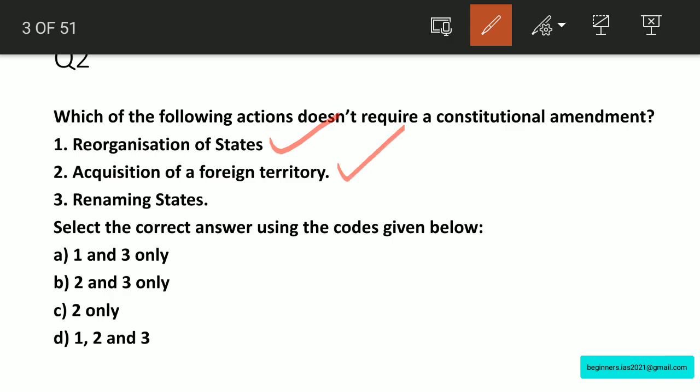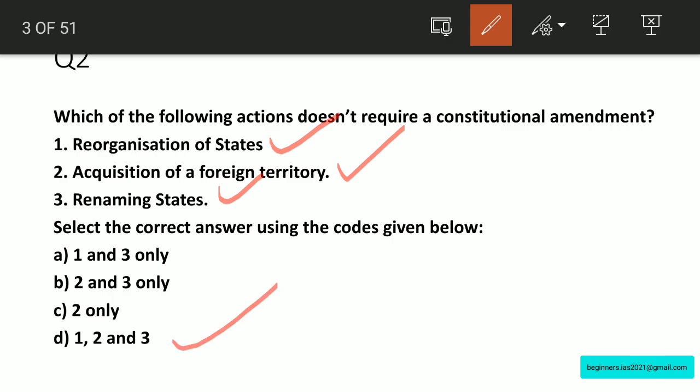What about statement number 3? Article 3 provides for formation of new states and alteration of areas, boundaries or names of the existing states. It also does not require a constitutional amendment. Therefore, this is also right, and the answer for question number 2 is 1, 2, 3.